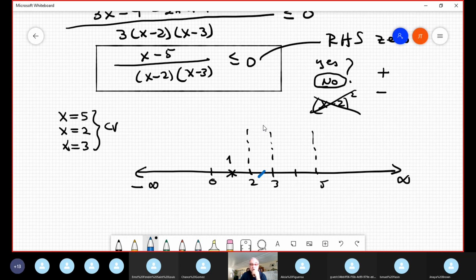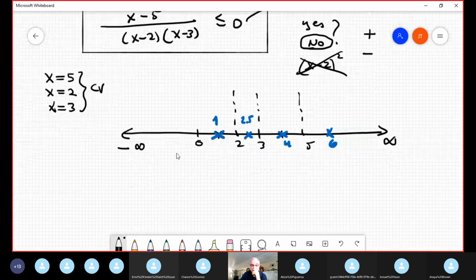Suppose 2.5. Suppose 4. Suppose 6. And 1 is the testing. After the selection for the testing, you create the chart and evaluate.